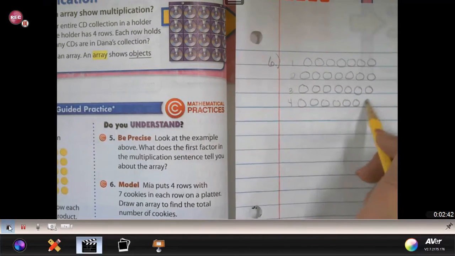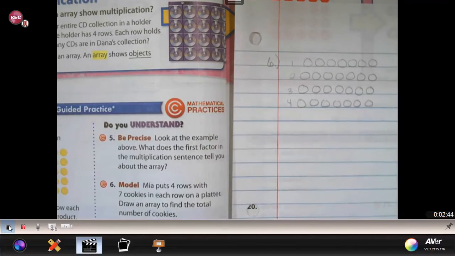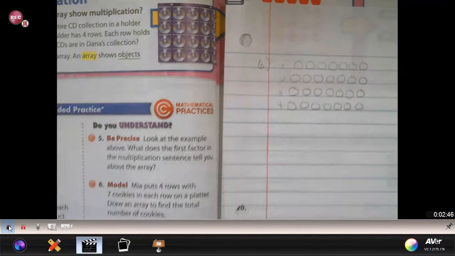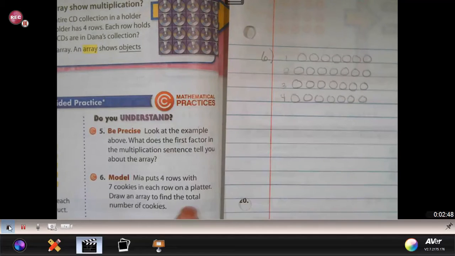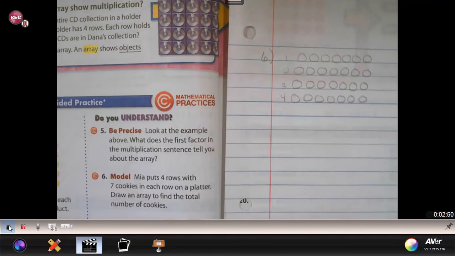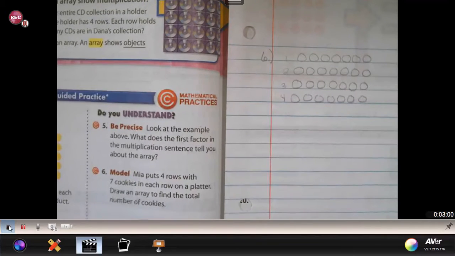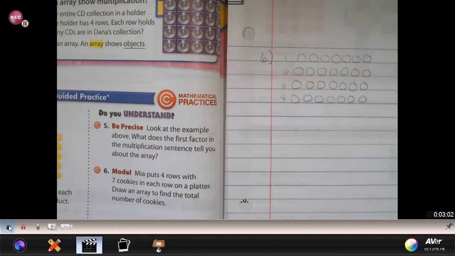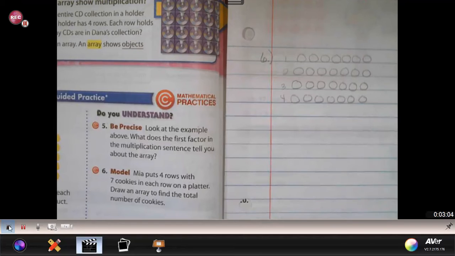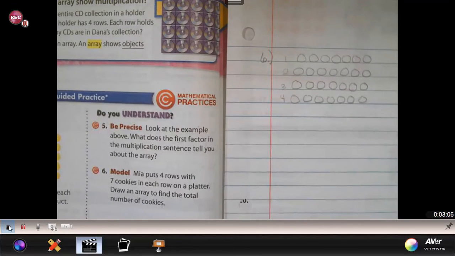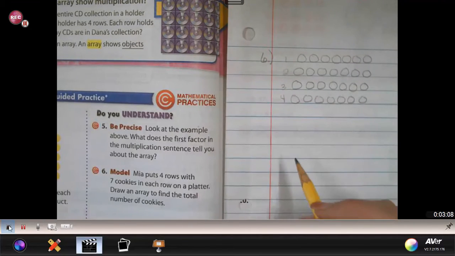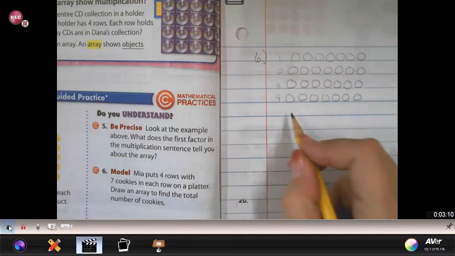So now that I have 7 cookies in each of my 4 rows, it asks me to find my total number of cookies, which means we don't want to sit here and have to count each one of these. That wouldn't necessarily be efficient. When we start learning multiplication facts more fluently, then we will be a little more efficient with knowing how to use addition.